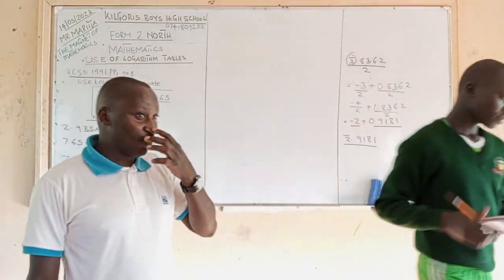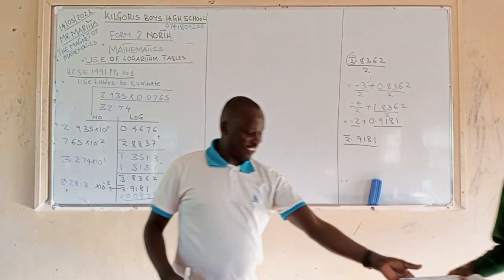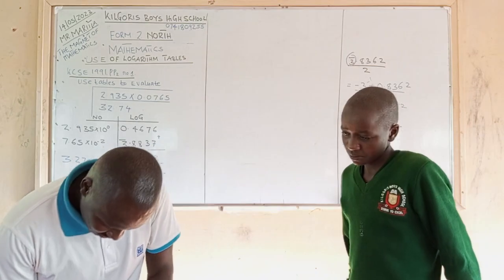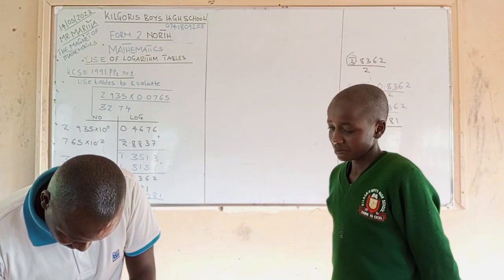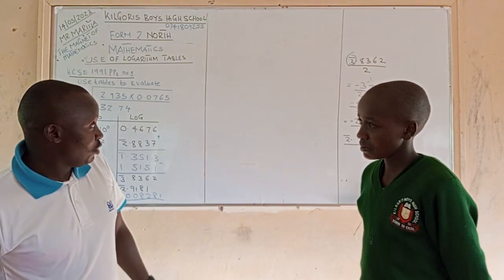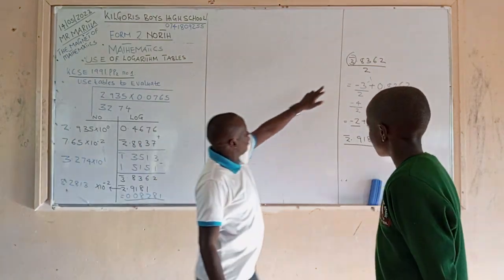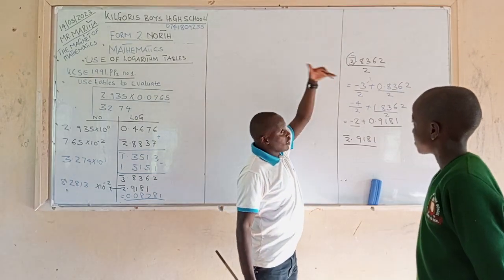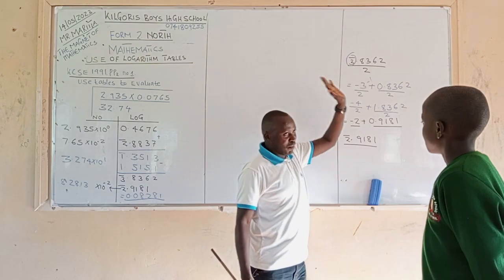Bring your book. So you have not understood that when we are dividing this one by 2, you are supposed to separate the characteristic and the mantissa.